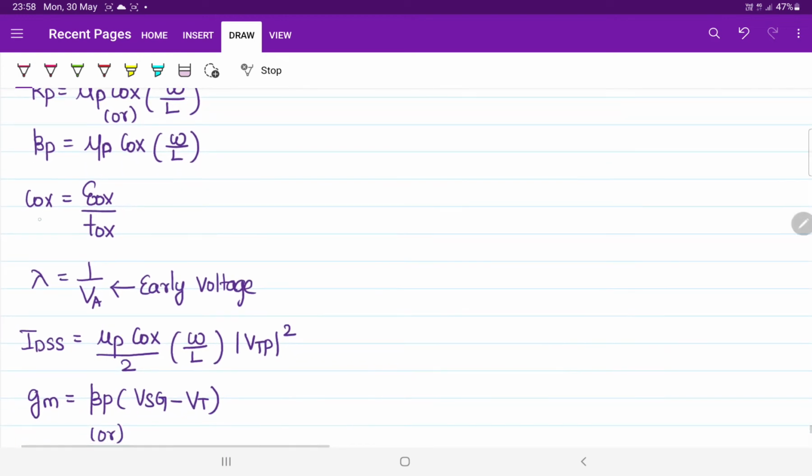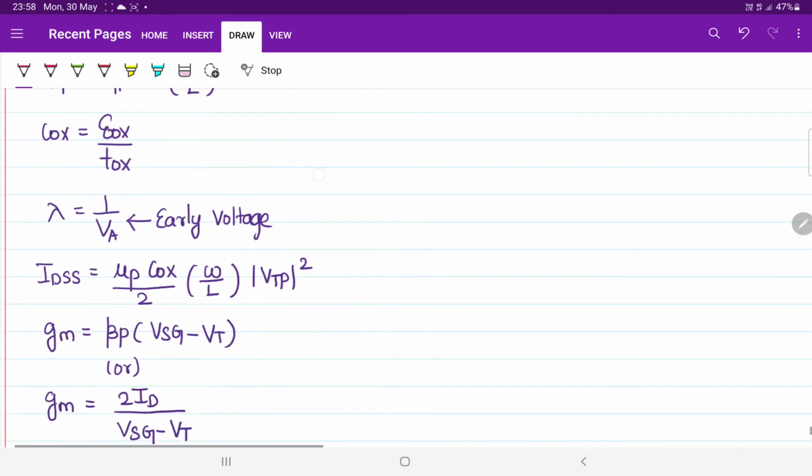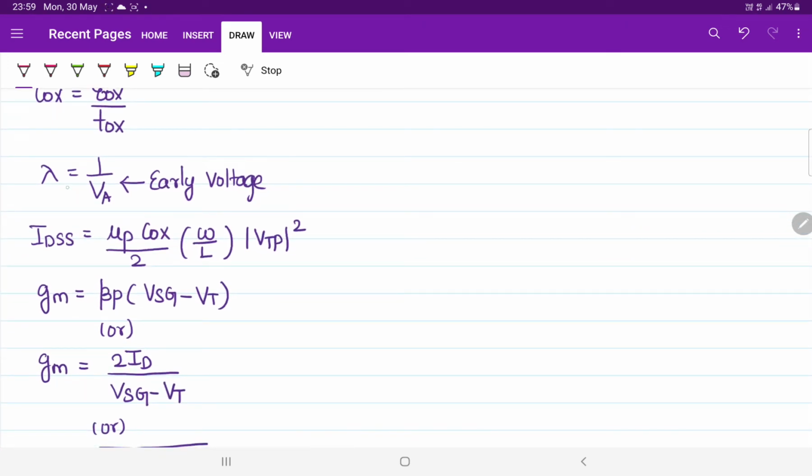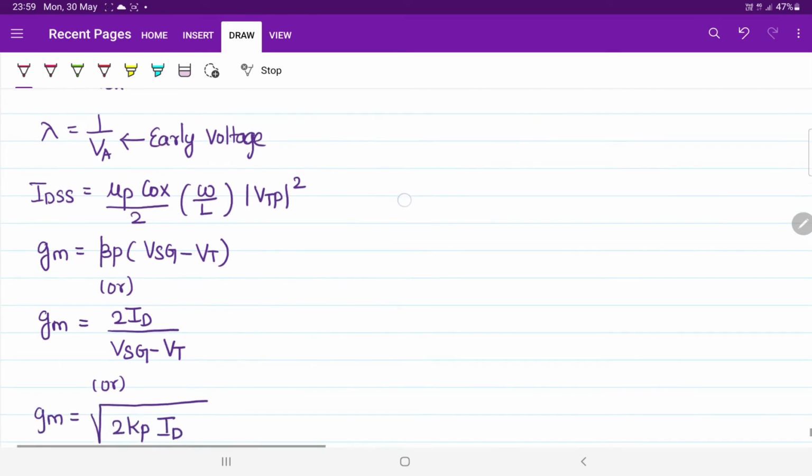Similarly, Cox, the metal oxide capacitance, is epsilon divided by Tox, where epsilon is the permittivity of the oxide and Tox is the thickness of the oxide. Similarly, lambda is the channel length modulation parameter, which is nothing but the reciprocal of the Early voltage. The Early voltage will also be given. If they ask you to calculate lambda, you can directly calculate it from here.